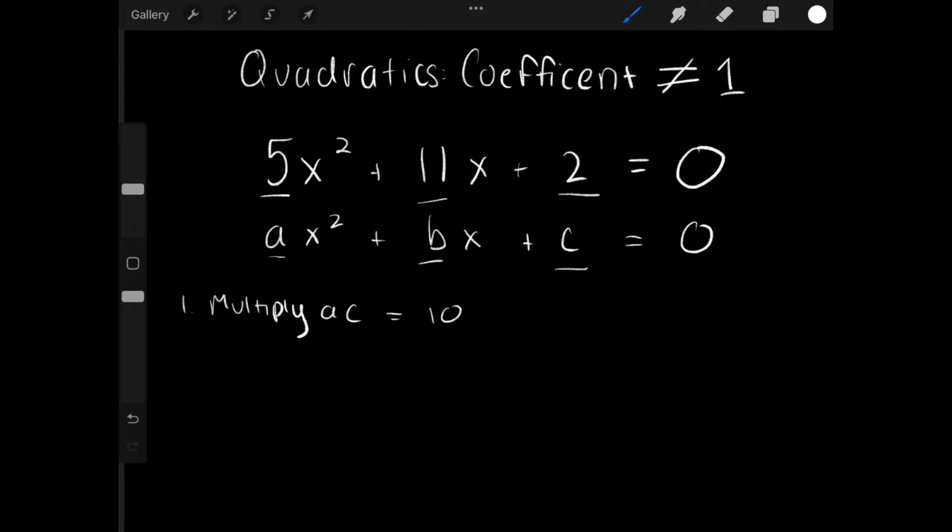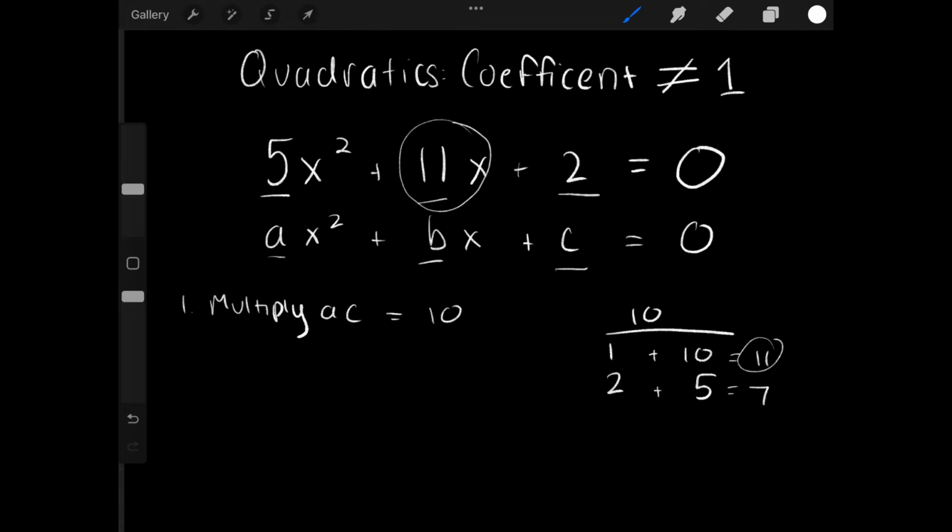Now, we're just going to go through the steps that we did when the coefficient was equal to 1. So I'm going to take 10. What are the factors of 10? Well, we have 1 and 10, 2 and 5, and those are it. Now, when we add both of these up, we get 11 and 7. And which one of these is equal to b? 11 is our b. So that means the two terms that we're going to split up the middle term into is 1x, or x, and 10x.